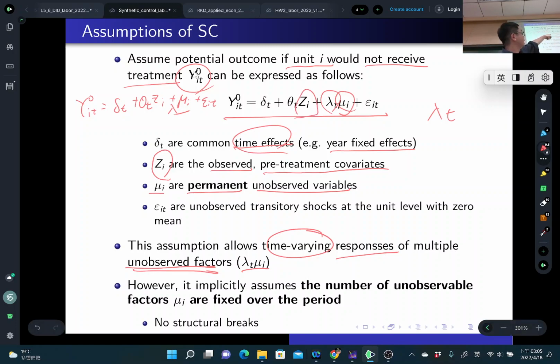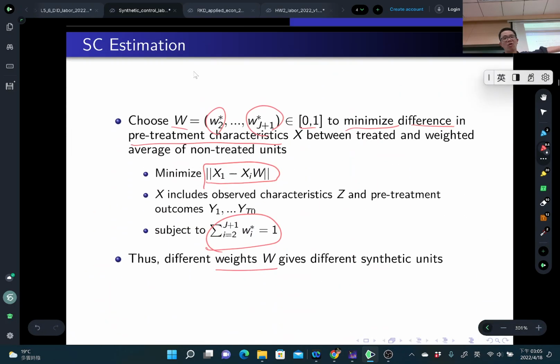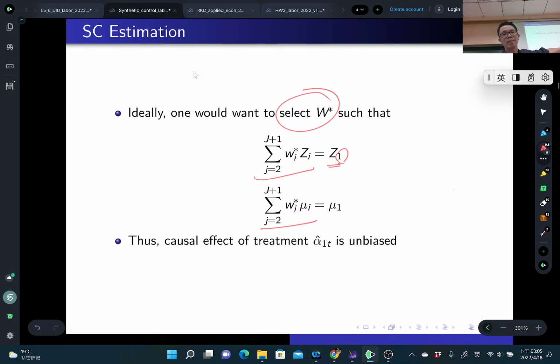One component is Z, another component is mu I. One is observed, another is unobserved. So our goal is to find a way to make the control group's weighted average of Z match the treated unit's Z1, and the weighted average of unobserved characteristics match the unobserved characteristics of the treated unit 1.